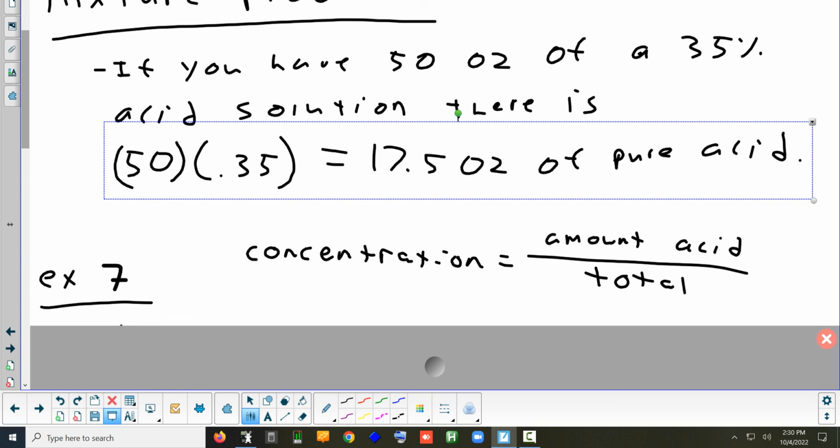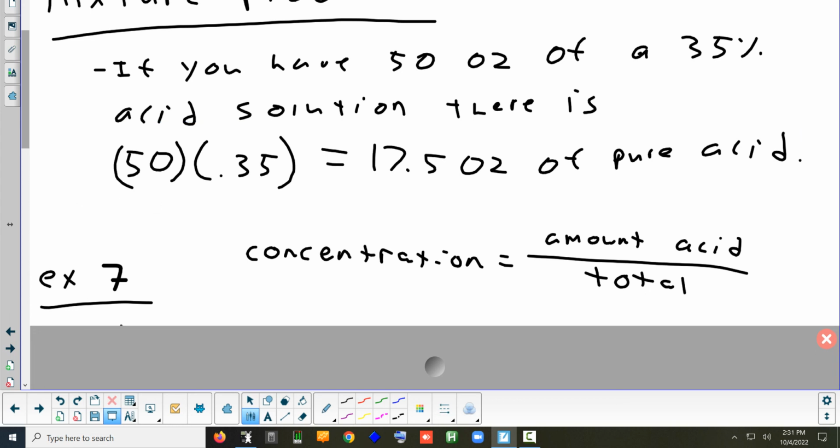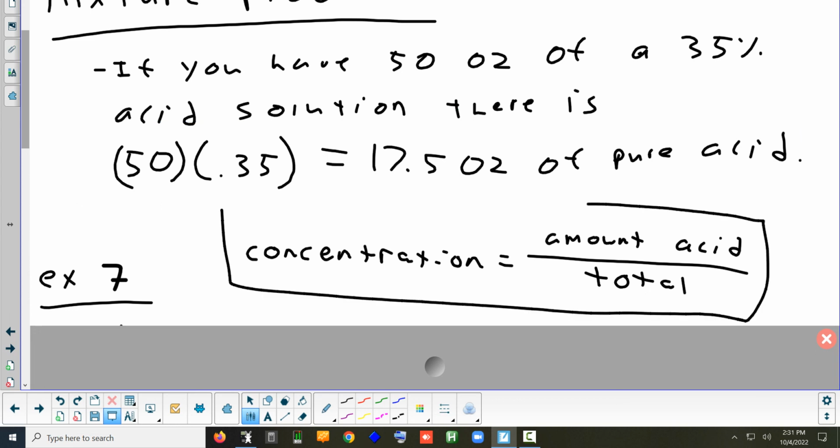So, if I had 25 ounces of acid, and I had a total of 100, then the concentration is 25%. 25 out of the 100 ounces are acid. Keep that in mind, because that's going to be how we do this problem.